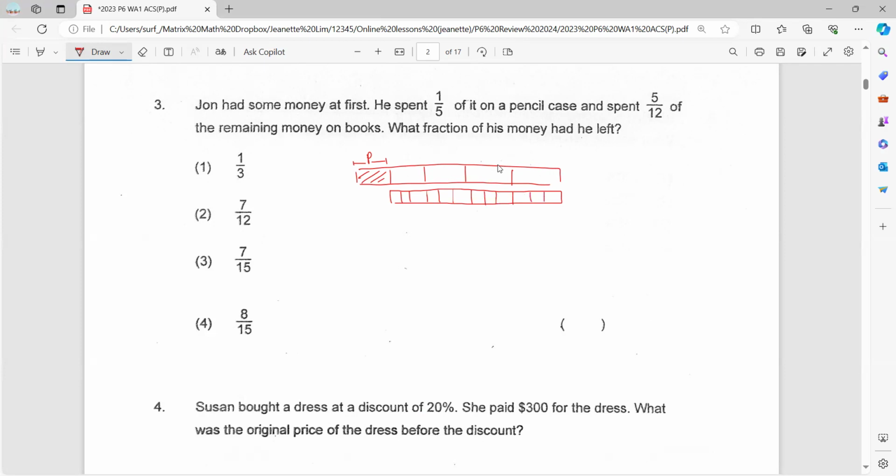And 5 units for books. And the rest will be, okay, the rest is what's left.